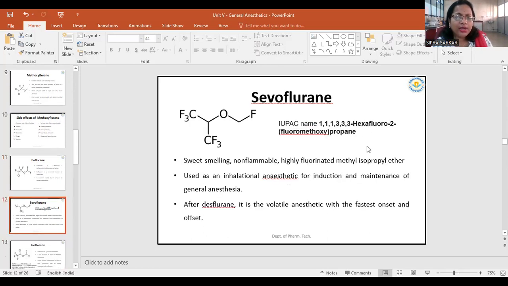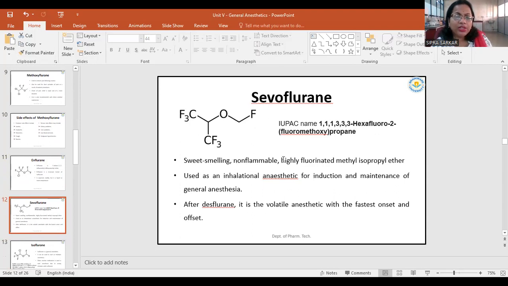Sevoflurane is another category, and the IUPAC name follows: 1,1,1,3,3,3-hexafluoro, so six fluorine atoms are there, okay? 2-fluoromethoxypropane. So all these drugs are propane derivatives because three-carbon chains are there.